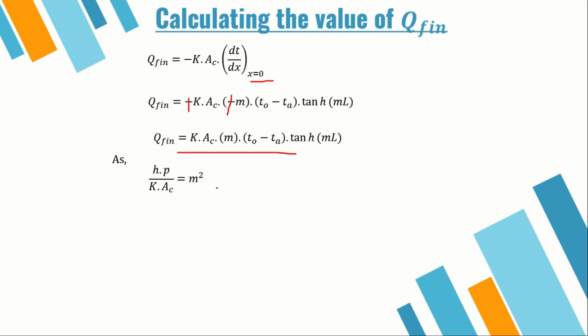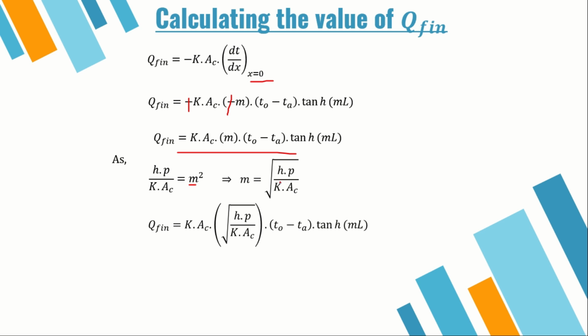As we have assumed that the value of m here is hP divided by kAc, on under-rooting this term we found that m is equal to the square root of hP divided by kAc. So we will put the value of m in the above equation. The equation formed is kAc into the square root of hP divided by kAc, times (T naught minus Ta) tan hyperbolic ml.